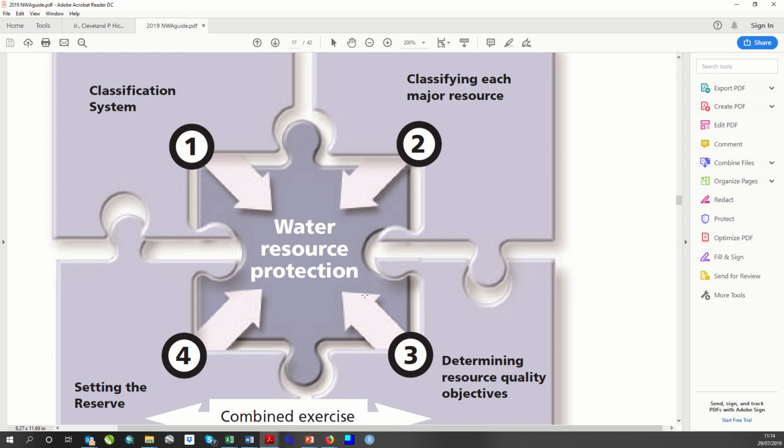So we need to determine for each resource who are the people that have a right to this resource, who are dependent on this resource, how much water from that resource must be provided to them for their basic human needs, first. Secondly, how much water must be in the system to make sure that the system is in a sustainable condition. And if we set up the reserve and we meet and achieve the reserve, we should be able to protect resources.